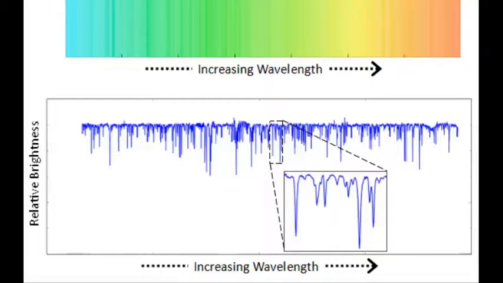This spectrum might look quite messy at first, but once you zoom in, you can tell that there's actually a lot of structure here, where there are very noticeable dips in the brightness of the light at very precise values of the light's wavelength. In this episode, I'm going to explain how a star produces the light that we use to get its spectrum, and what causes these dips.